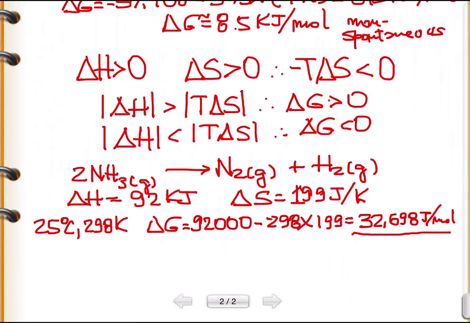But let's look at this reaction at 250 Celsius. 250 Celsius plus 273 would give us 523 Kelvin.